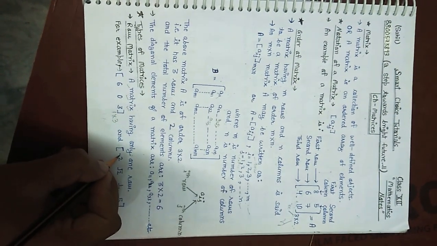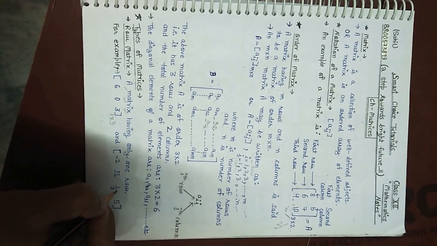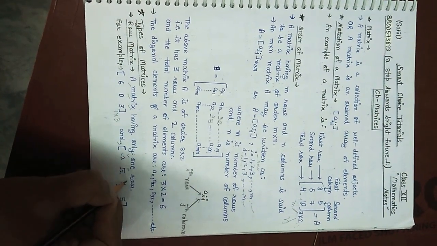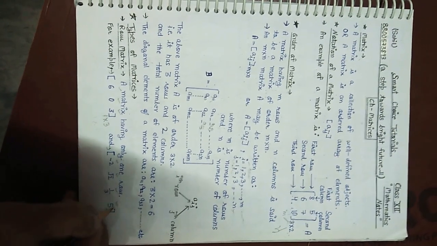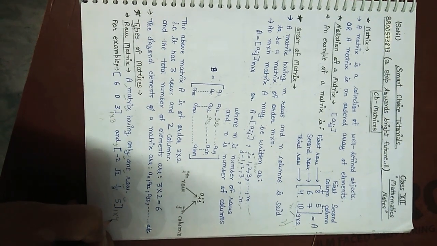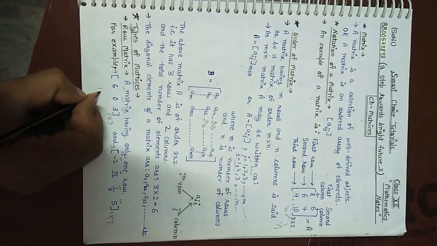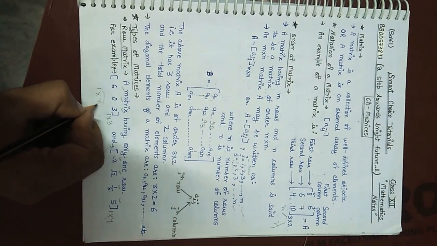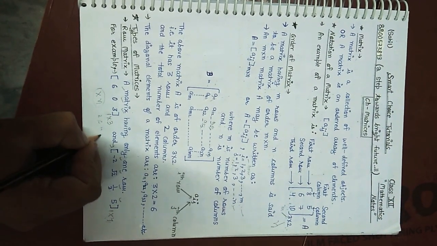And also -2, √2, 1/3, 5: there is 1 row and 4 columns. The order is 1 cross 4, which means its order is 1 cross n. It's the order of a row matrix, where n can be 2, 3, 4 and so on.